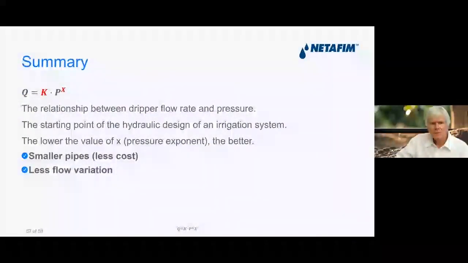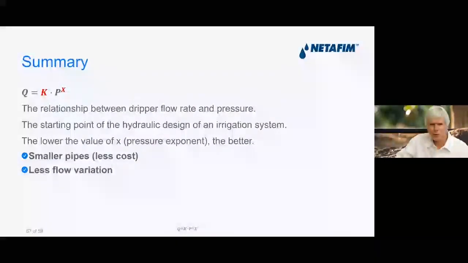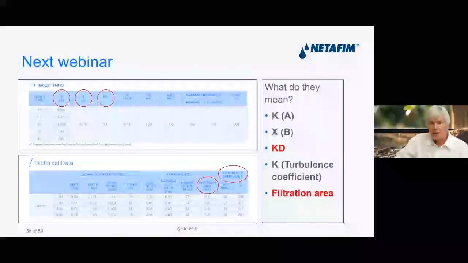So in summary, the relationship between dripper flow rate and pressure, as we mentioned, is the starting point of a hydraulic design of an irrigation system. The lower the value of X, the pressure exponent, the better. Smaller cost, low flow variation. In our next webinar, we'll look at the final two factors, which will be the KD and the filtration area.